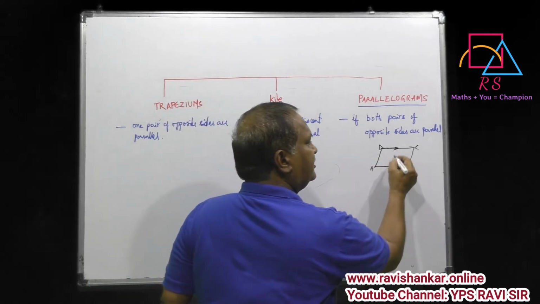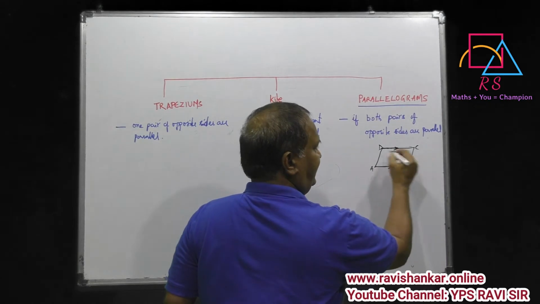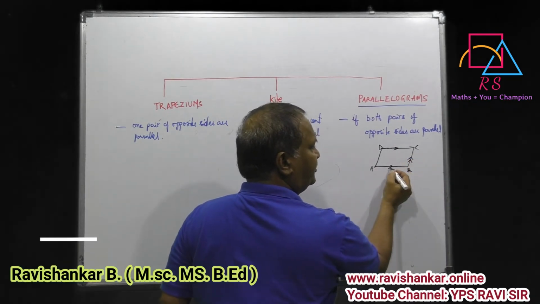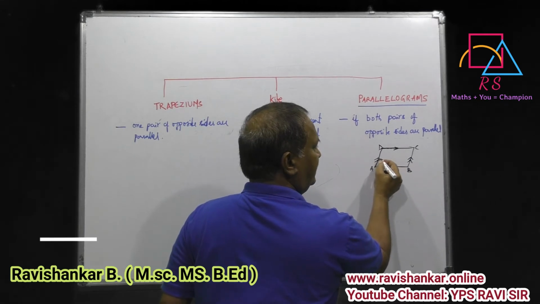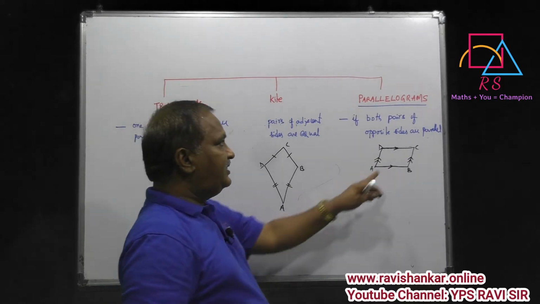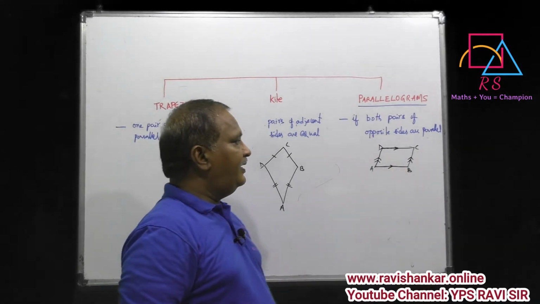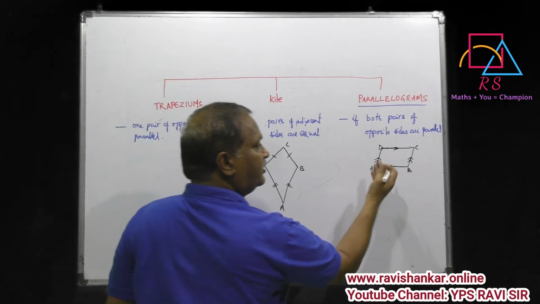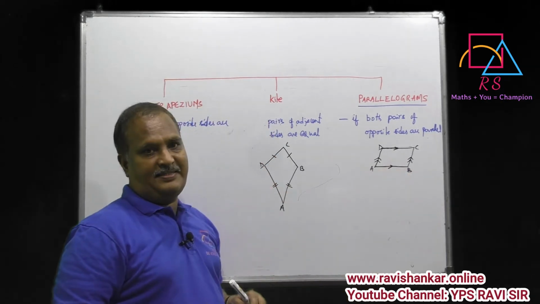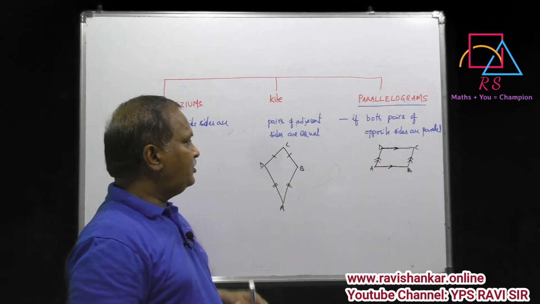So AB is parallel to CD, and BC, because one arrow mark we have already used, BC is parallel to AD. So this is a parallelogram. This is how to represent parallel sides and equal sides.